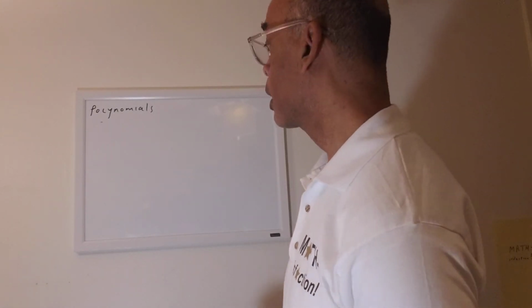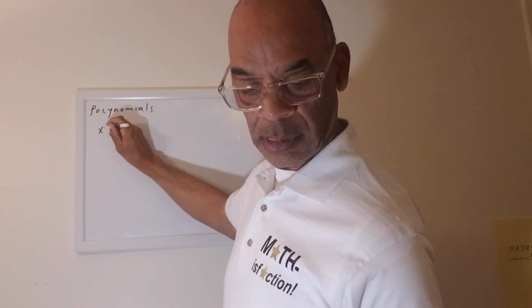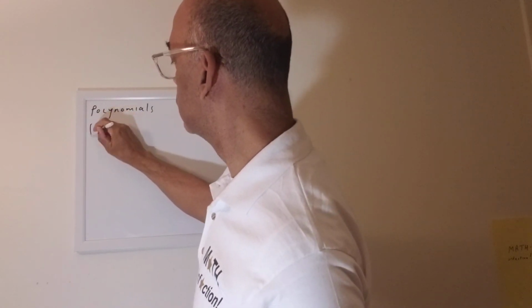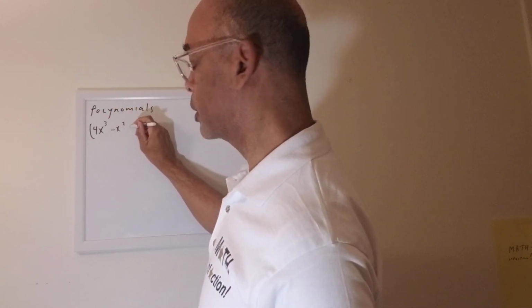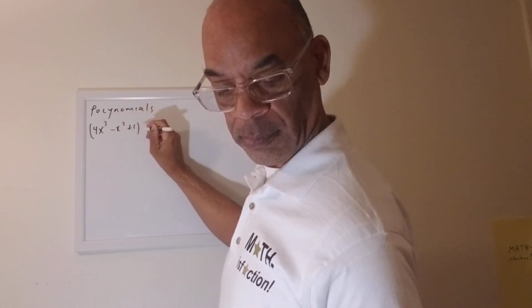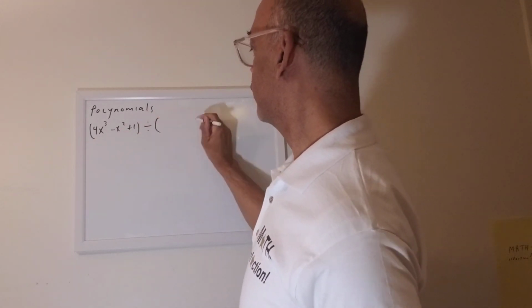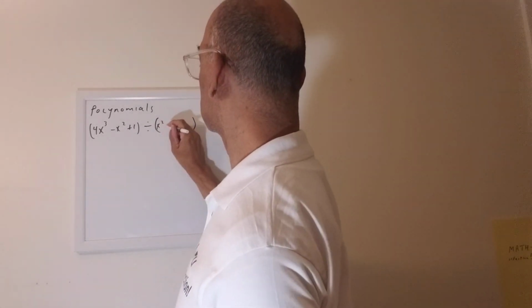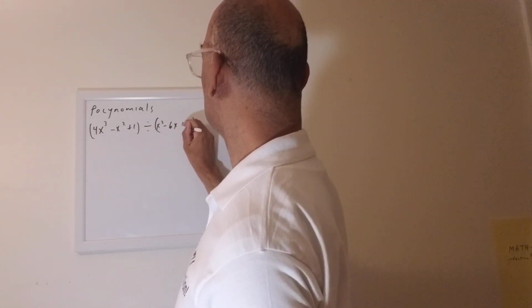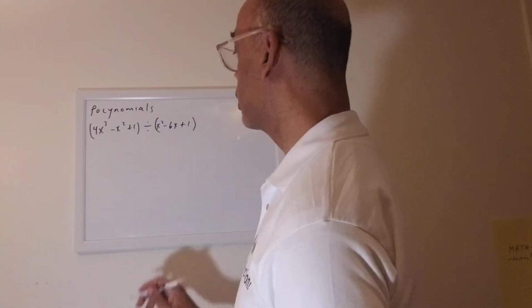I'm going to write the problem, then we'll set it up. 4x cubed minus x squared plus 1 is the dividend, and the divisor is x squared minus 6x plus 1. All right, now let's do the long division.